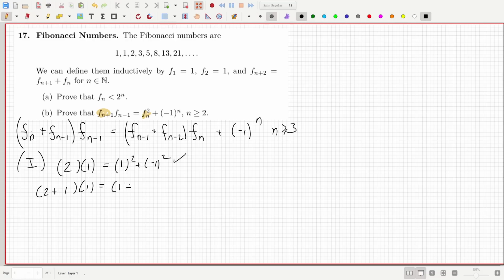2 plus 1 times 2 plus minus 1 cubed, 3. 4 minus 1 is 3. Yep, that's right. Okay.